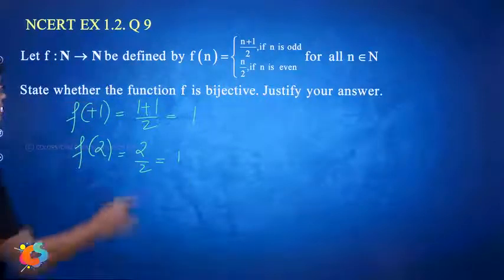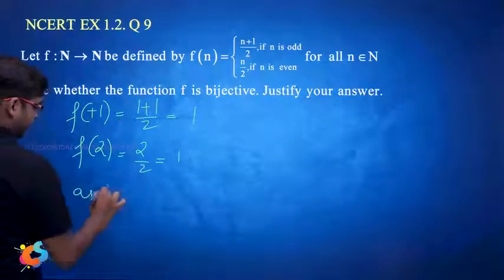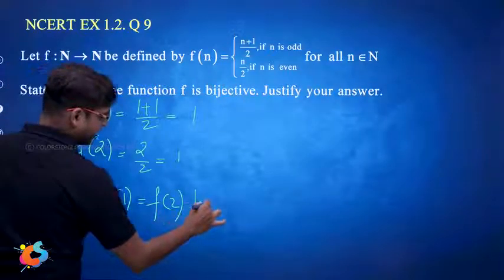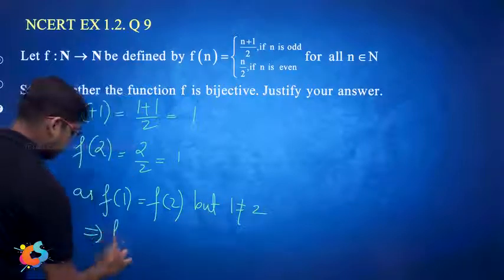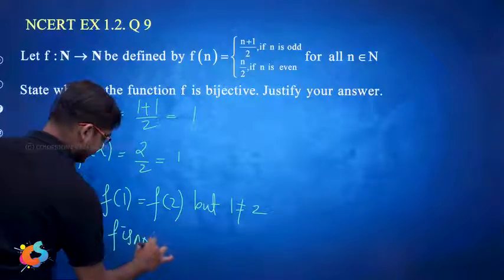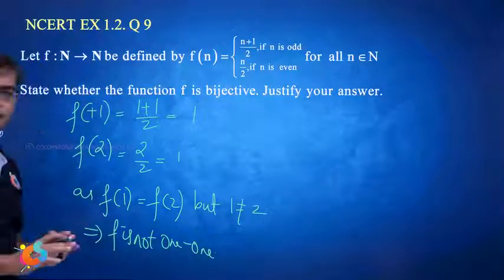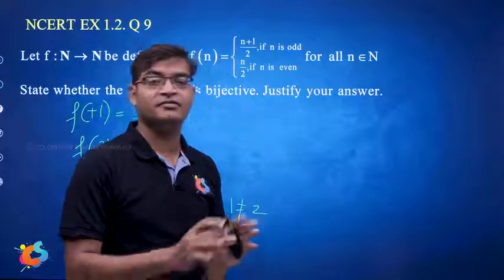So therefore, we are using the definitions. So now as f of 1 is equal to f of 2, but 1 is not equal to 2, implies f is not 1, 1. f is not 1, 1 function. So we have given an example. We have contradicted that it is 1, 1 function.